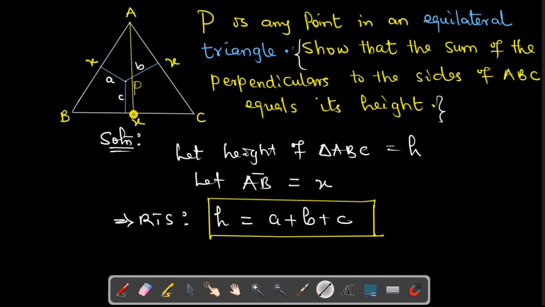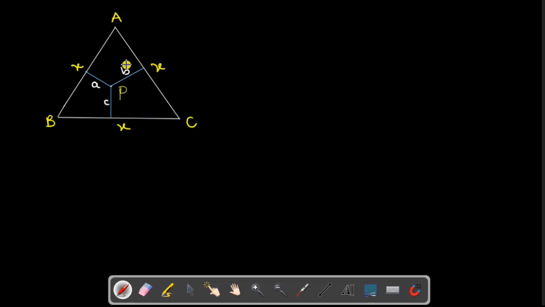With what we have here, we can try to form the three triangles that we can see to this other point C. The first triangle is triangle ABP.